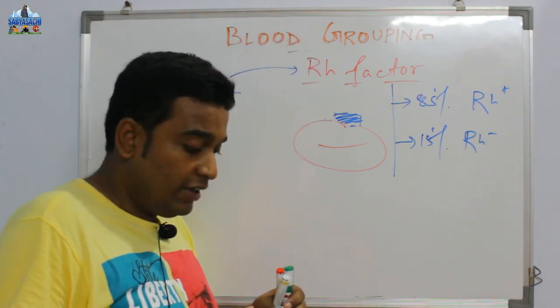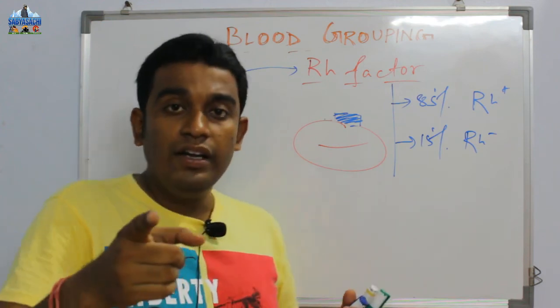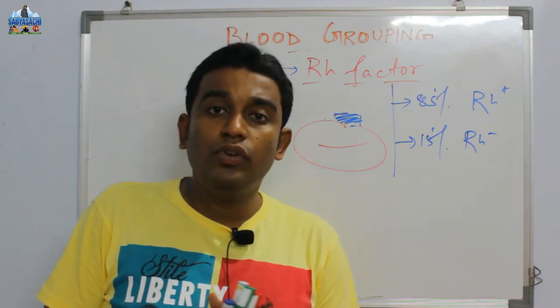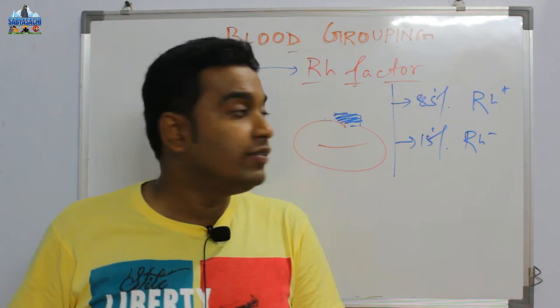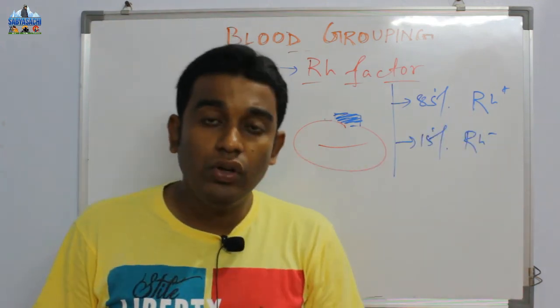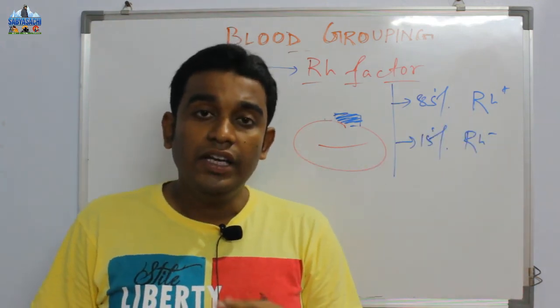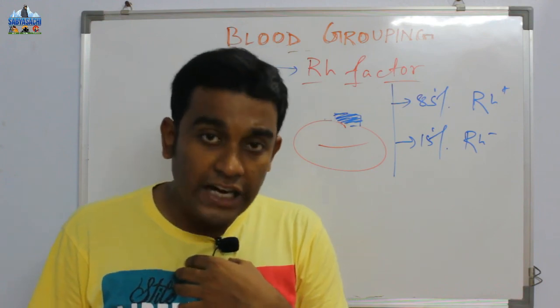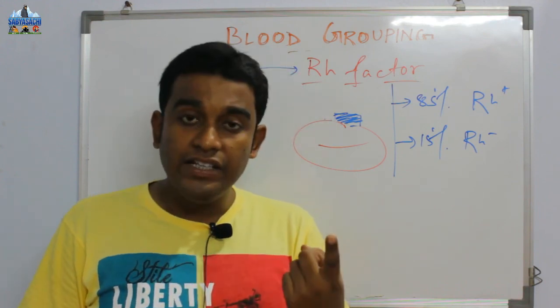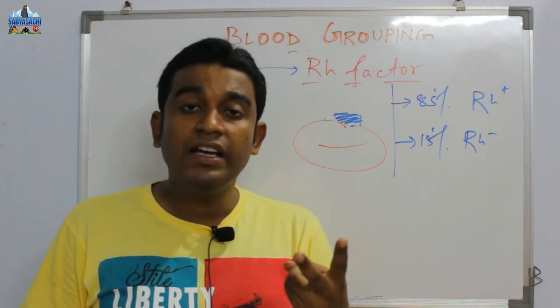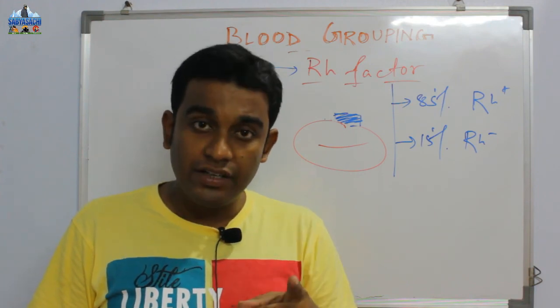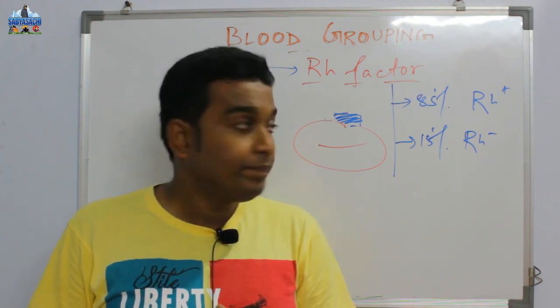So if I say you are Rh positive, that means you will have D antigen on the surface of your red blood cells. If I am AB negative, that means I will have A antigen, I will have B antigen, but I will not have D antigen. I hope that makes sense to you now.